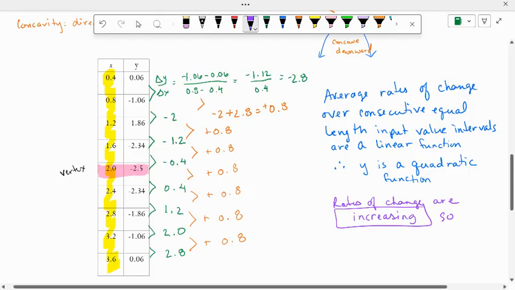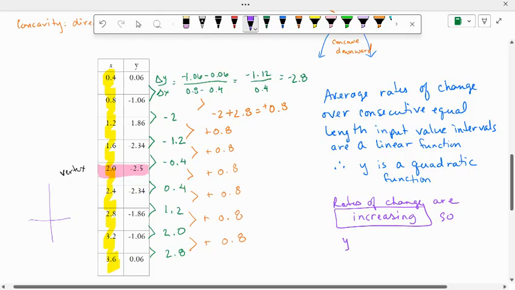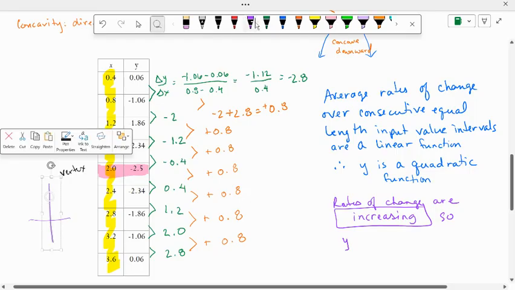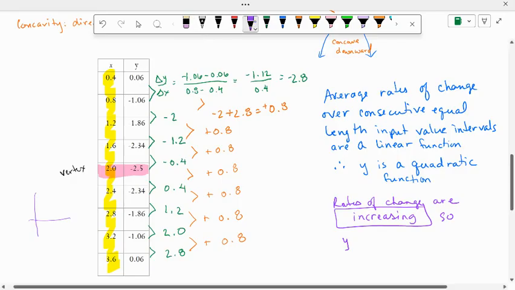So what does that tell me about this function y? Well, if I were to just approximate this graph, at an x value of 0.4, I'm at 0.6, and then at 0.8, I'm at negative 1.6.